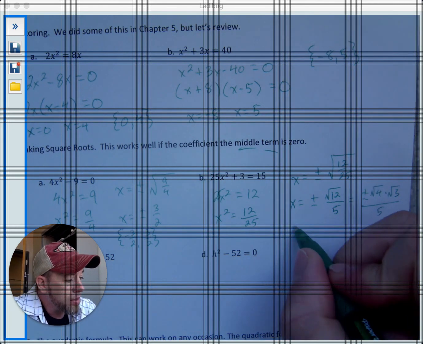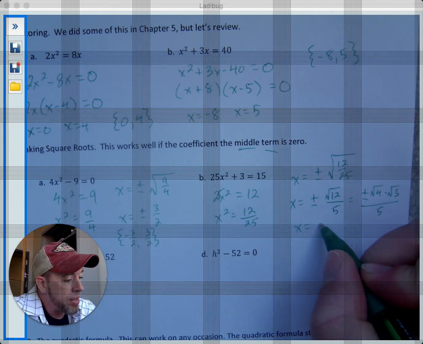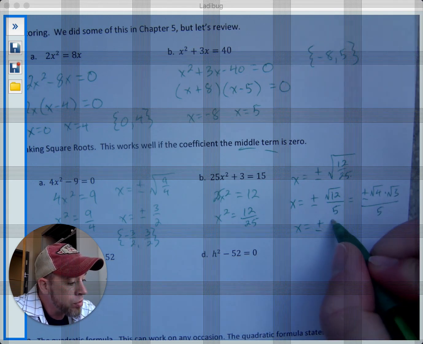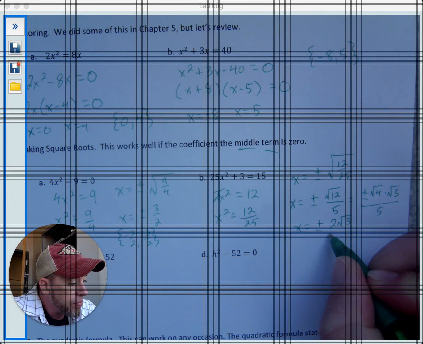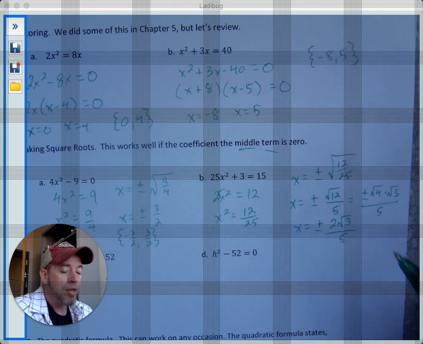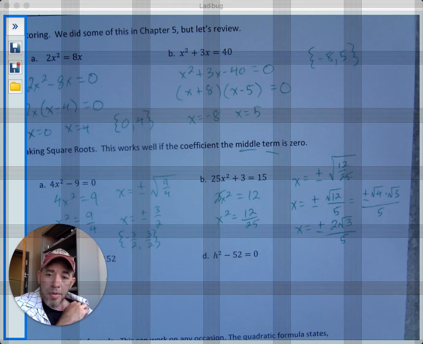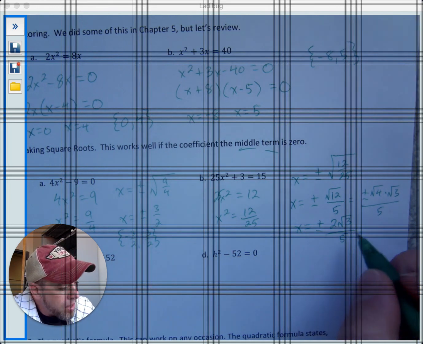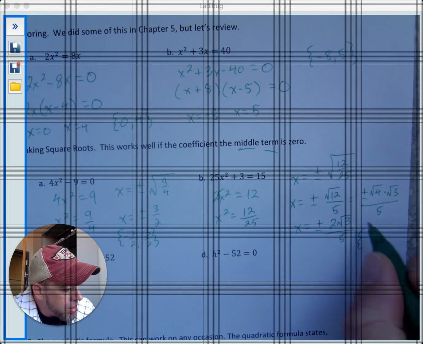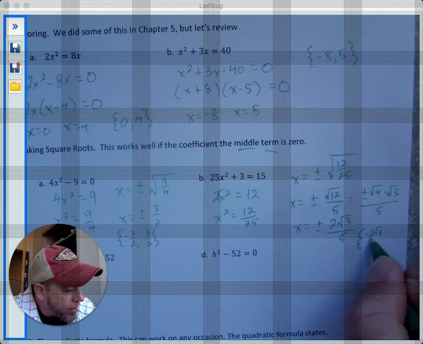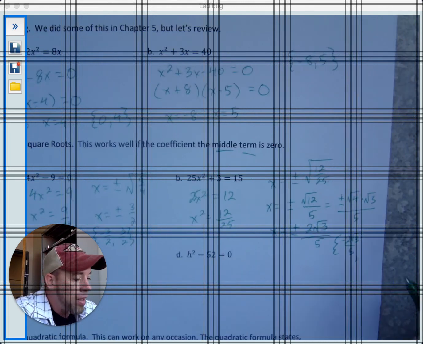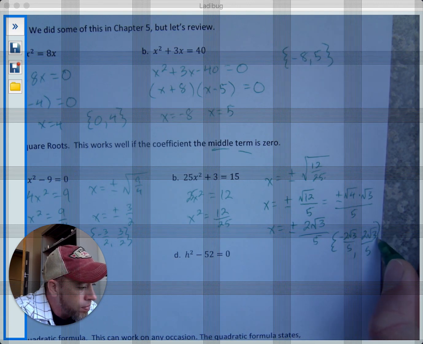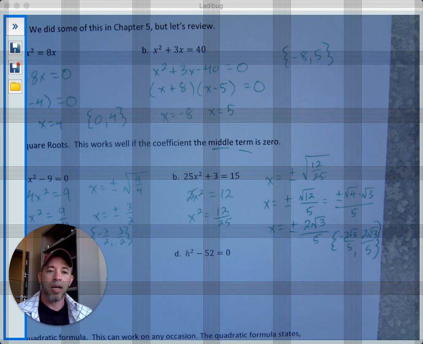And so x in this case, simplified, would be plus or minus 2 times the square root of 3 over 5. And that would be simplified. Square root of 3 we can't simplify anymore. So your solution set in this case would be negative 2 square root of 3 over 5 and positive 2 square root of 3 over 5. Alright, so that's our solution set.